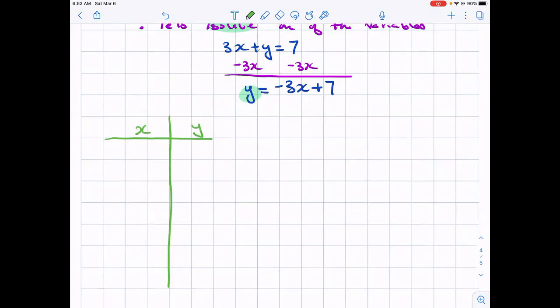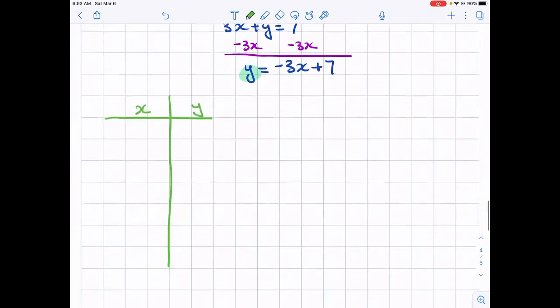And we randomly choose some values. So we can say, let x be minus 3. Then we can have minus 1. We can have 0. We can have 1. We can have 2. We can choose 4. So you don't have to go in sequential order.